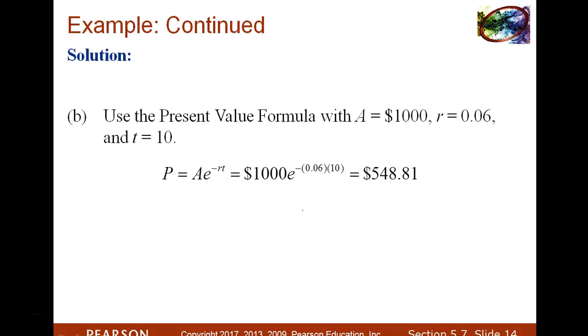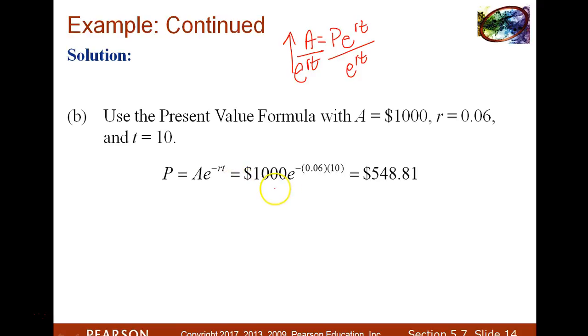If they were to do this compounded continuously, you would rewrite the PE to the RT, except now instead of dividing off 1 plus r over n to the nt, it would be e to the rt. Again, the exponent is in the denominator, so the way you pull that up is with a negative exponent.